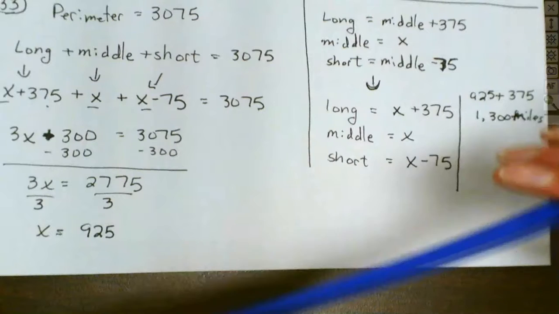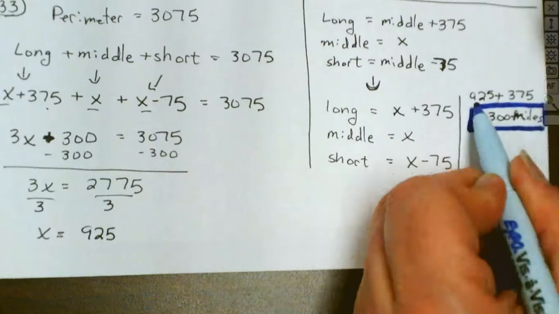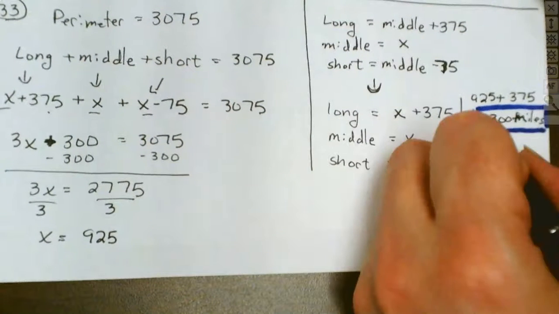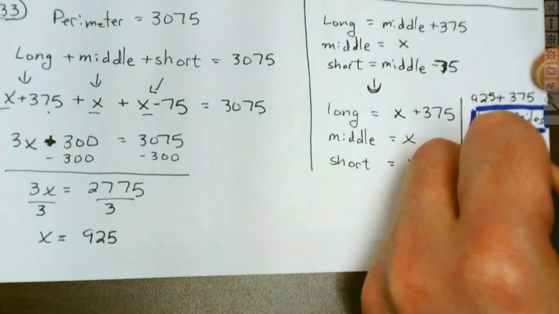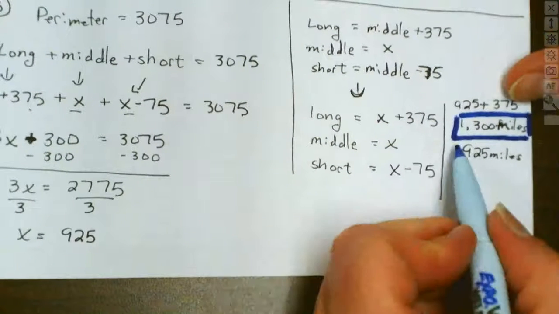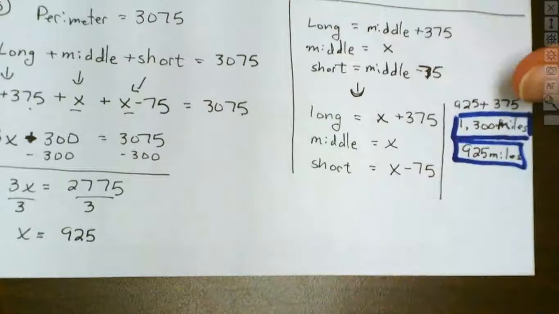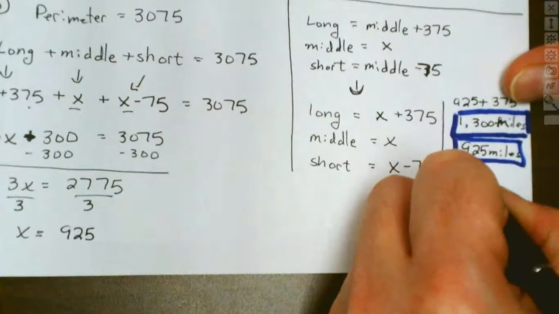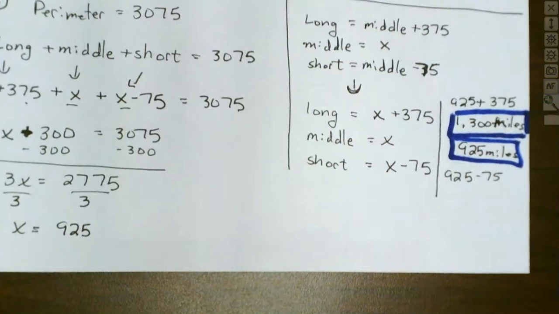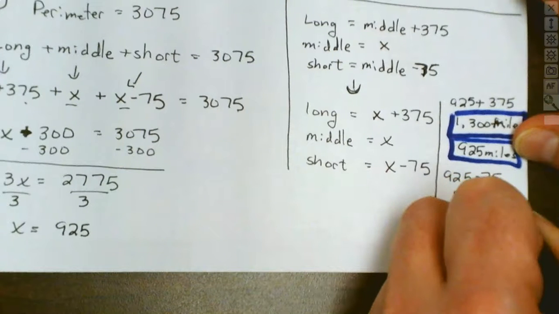That's the longest side. And we need our middle side. We found that to be x, and so that's 925 miles here. And then we also need our short side. And our short side would be 925 minus 75. And that comes out to be 850 miles.